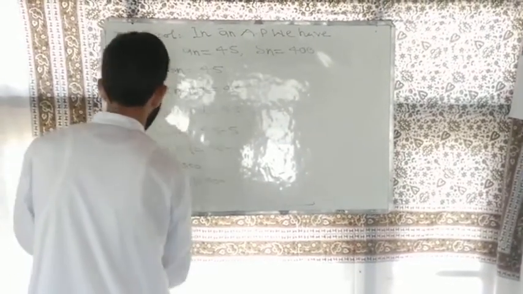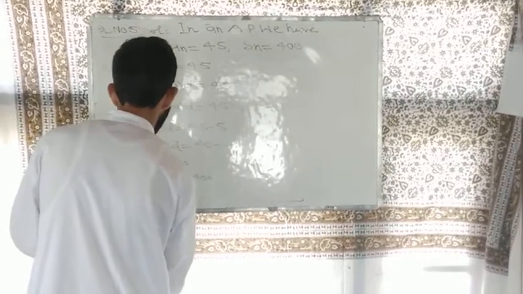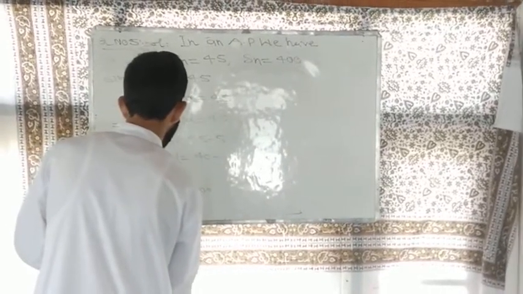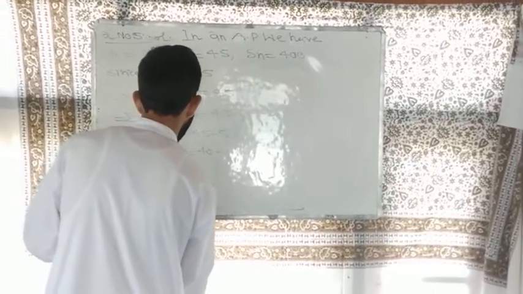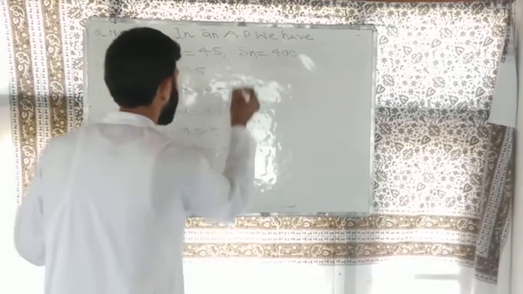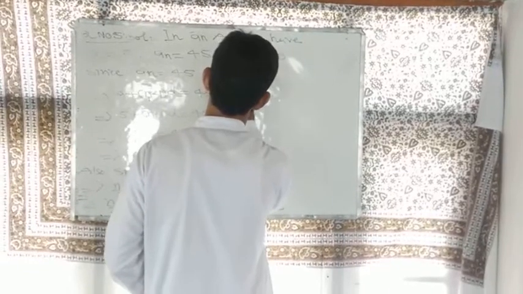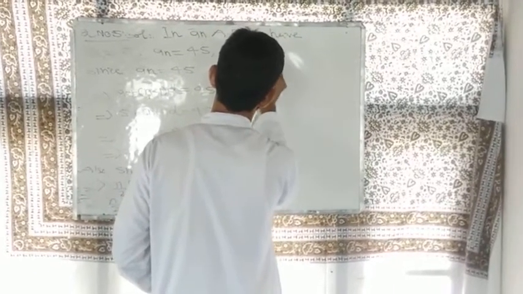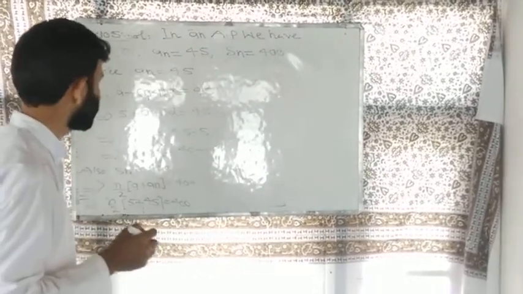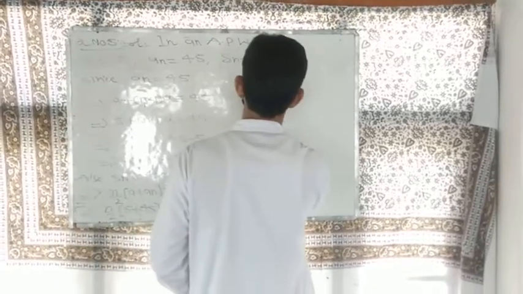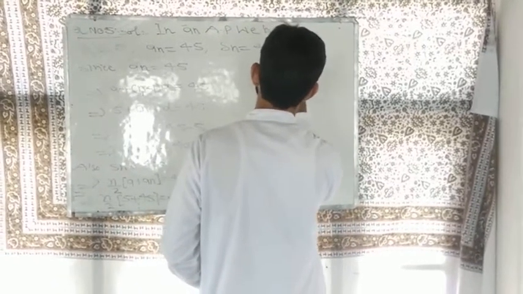A is 5, A_n is 45, so n by 2 times (5 plus 45), which is 50, equals 400.